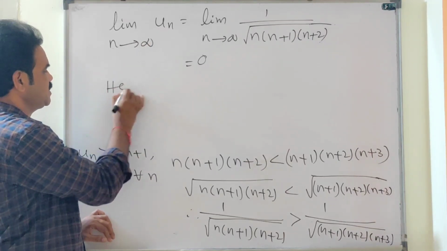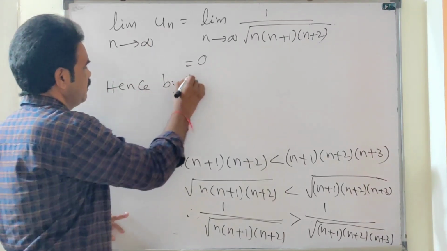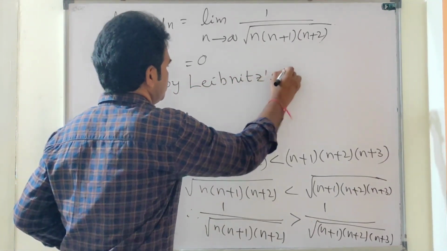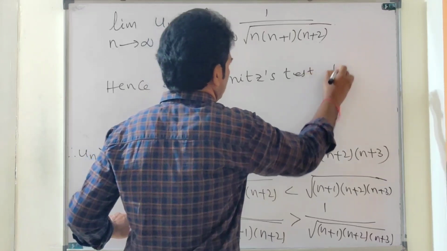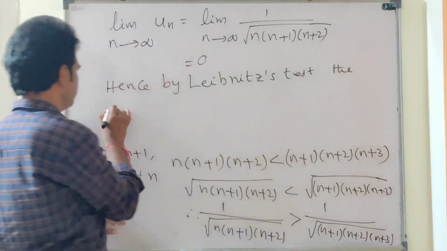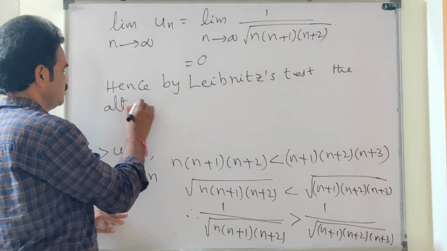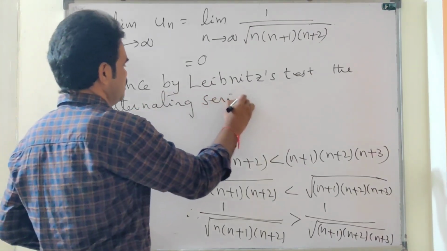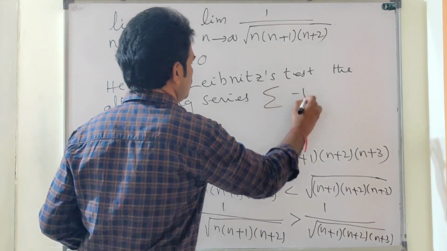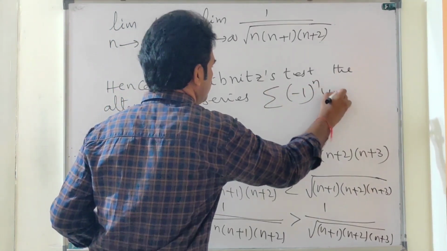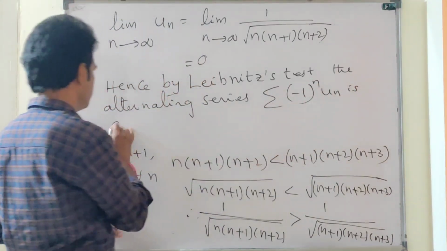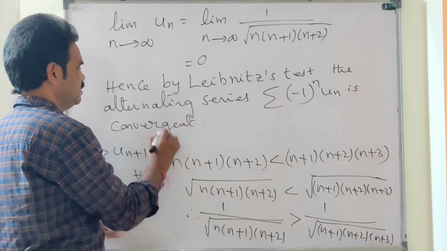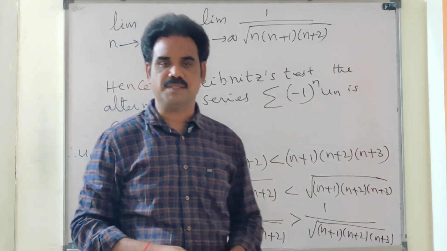Hence by Leibnitz test, the alternating series sigma (minus 1) whole power n into un is convergent, that is, the given series is convergent.